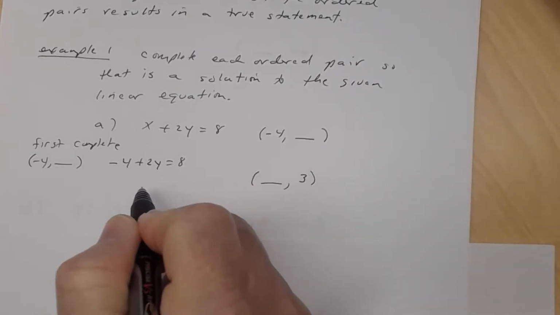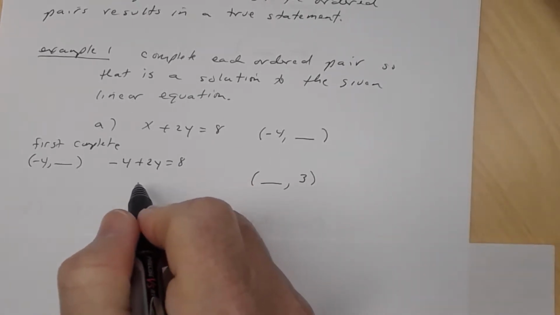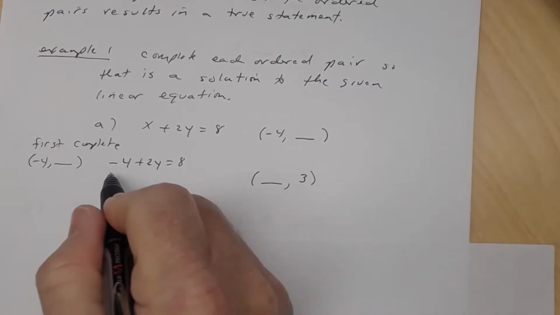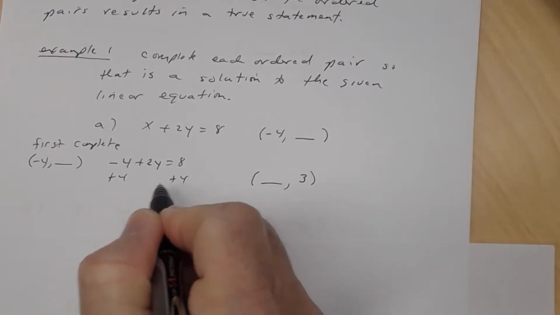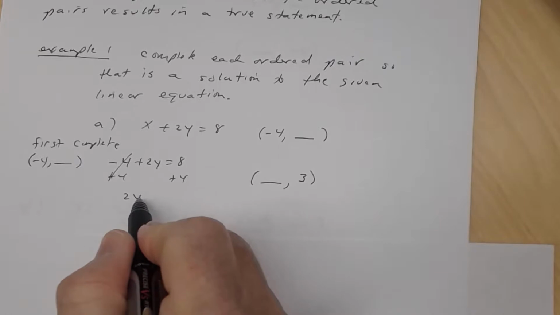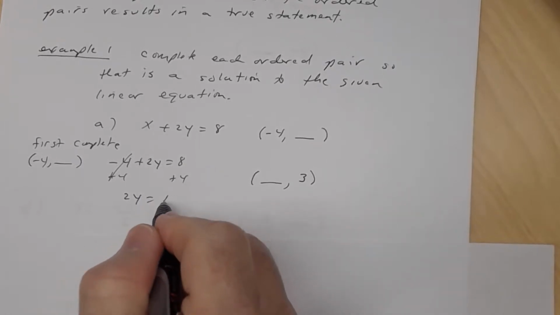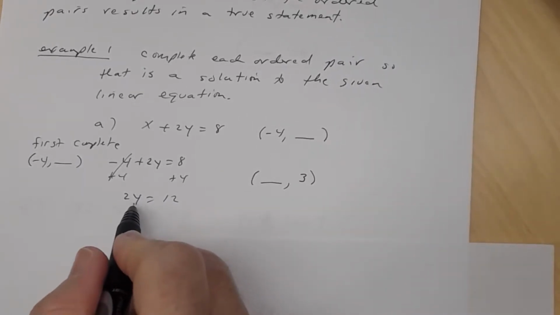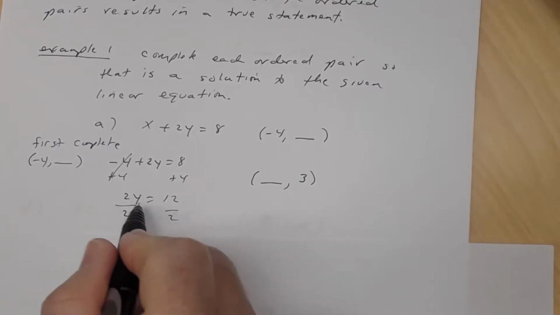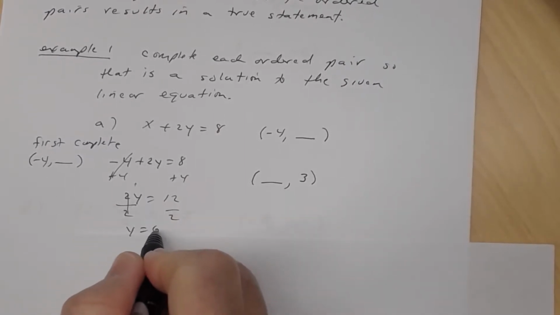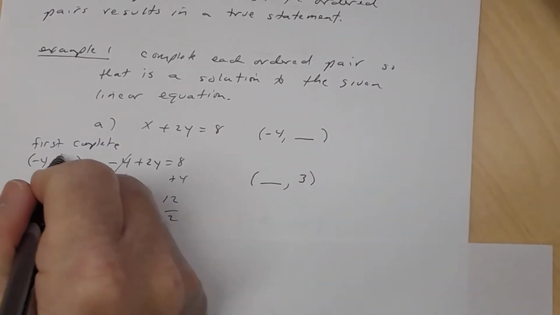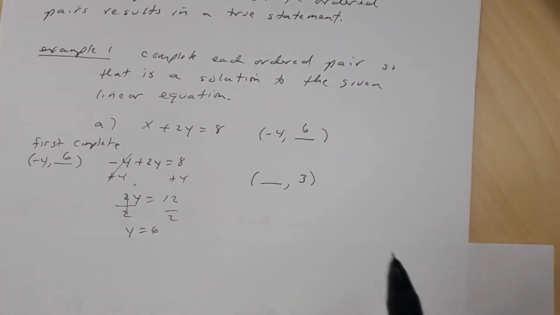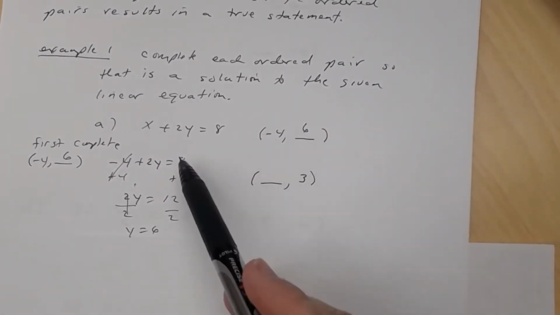And now all you've got to do is solve this linear equation for the variable y. To get y by itself, I'm going to have to add 4 to both sides. And so I get 2y equals 8 plus 4, which is 12. And to get y by itself, I have to divide both sides by 2. And so I get y equals 6. So the answer is y equals 6. So that goes here. So (-4, 6) is a solution to this linear equation.